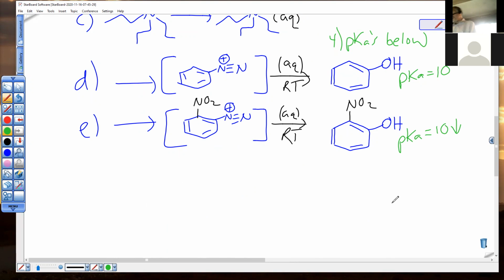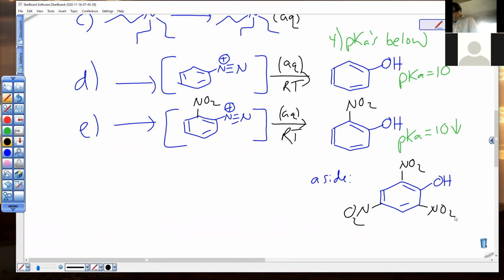And I'm basing that on, this is a fascinating aside, 2,4,6-trinitrophenol.